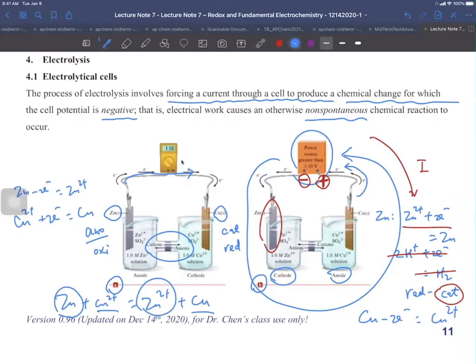The overall reaction changes into copper reacting with zinc 2 plus to produce zinc and copper 2 plus. Obviously, as we know, copper is a less reactive metal than zinc. So this reaction is non-spontaneous, but it can occur because we have the external power source. So this is a typical electrolysis process.